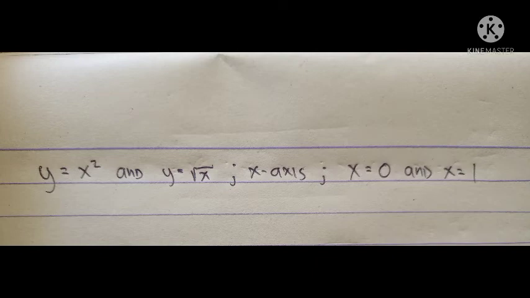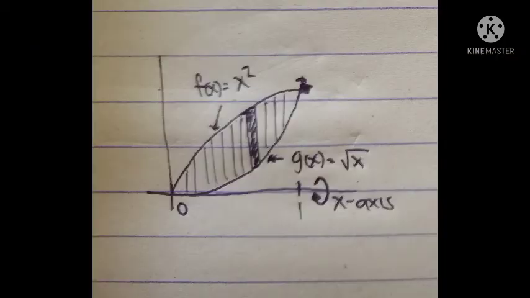And let's say the curve is bounded between x is equal to 0 and x is equal to 1. Now, as we plot our two functions, f of x and g of x, this is what it looks like.